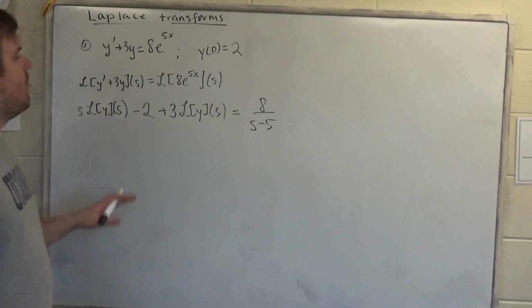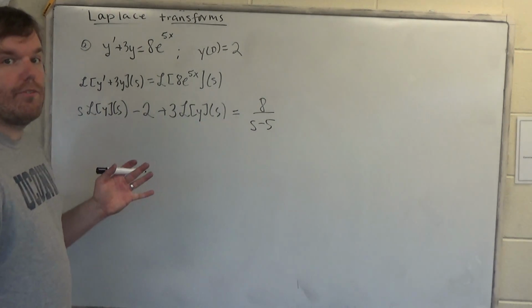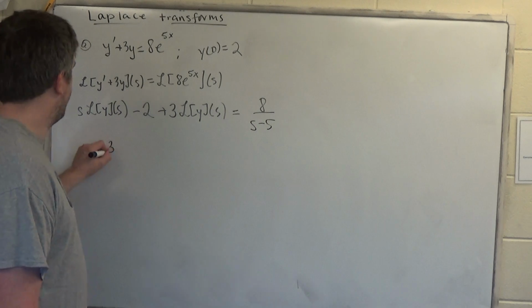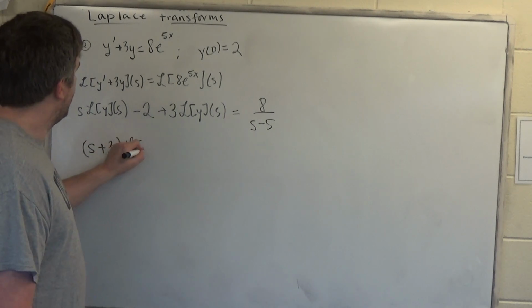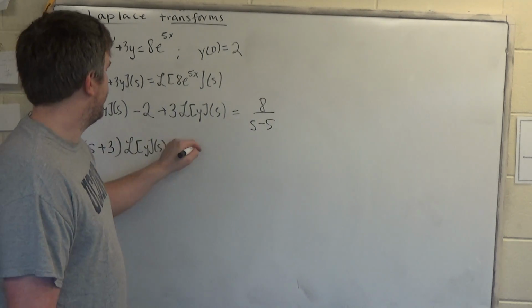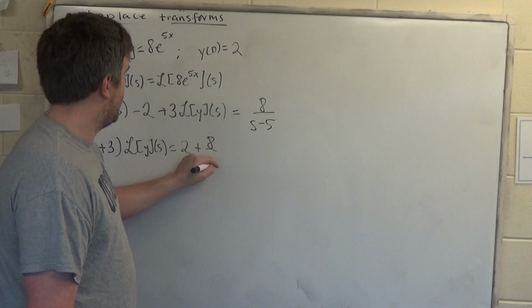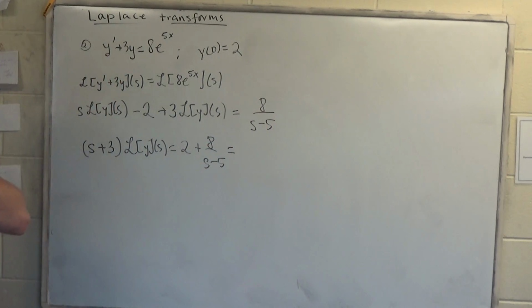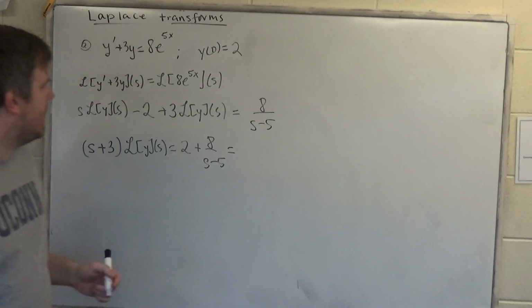Okay, now what we're going to do is solve for the Laplace transform of y. So I collect terms and move things around. And here I'm actually going to find the common denominator on the right hand side.